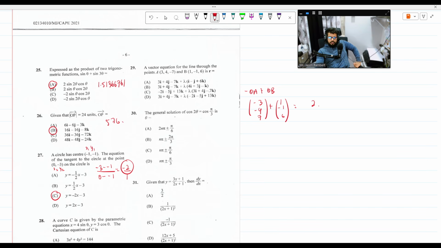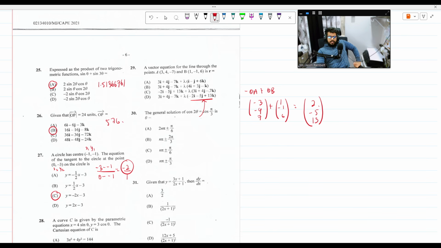Minus 3 and 1 is 2. Minus 4 minus 1 is minus 5. 7 and 6 is 13. So 2, minus 5, 13. And if you realize, this is minus 2, minus 5, minus 13. So we eliminate this, right? One time we could eliminate the 4, 3, and minus 1.